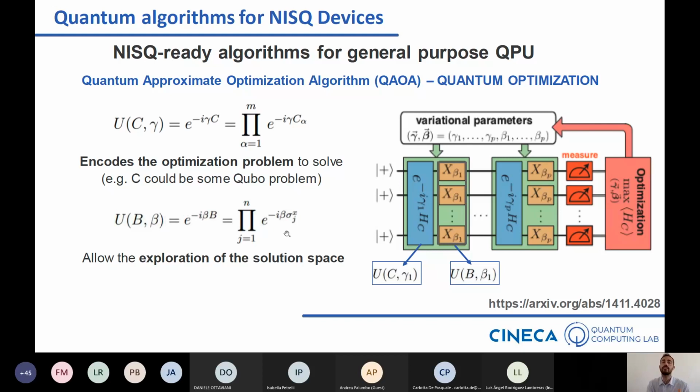This term is like the final Hamiltonian in quantum annealing, and this term is like the initial Hamiltonian in quantum annealing that drives everything, which is responsible for quantum tunneling, that tries to explore the solution space. The idea behind it is basically the same, and you alternate these exploration steps.